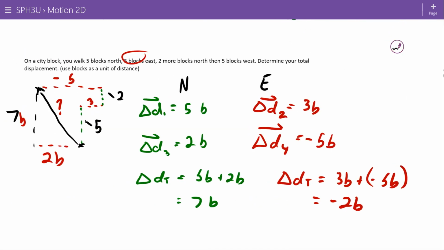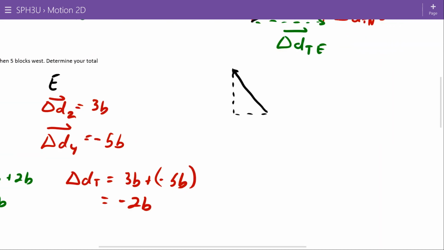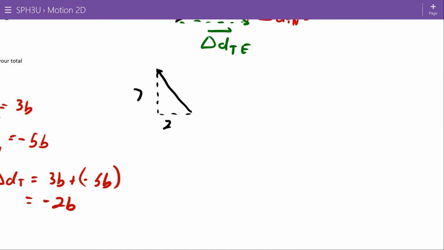So here I'm going to go over 2 and up 7. So if this is 2, this is 7, then I can use the Pythagorean theorem to find the length of the hypotenuse. H squared equals a squared plus b squared.